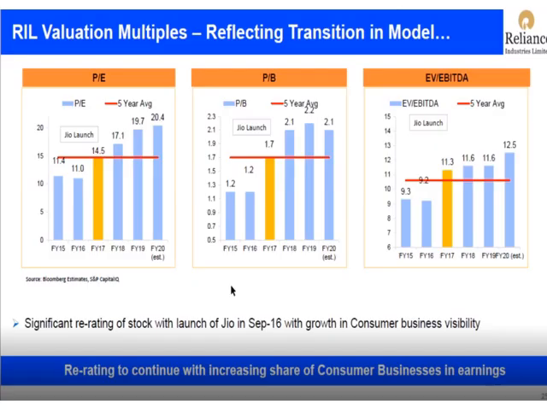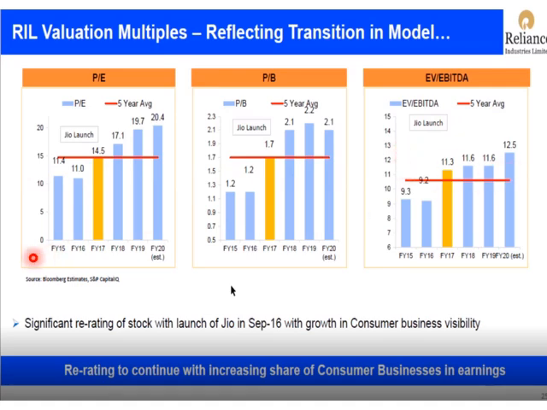In a presentation made to investors in early 2020, Alok Agarwal, CFO of Reliance Industries Limited, gave information on the changing valuation multiples of Reliance over a period of time. He gave information about the PE multiple, the price to book multiple, and enterprise value to EBITDA multiple.